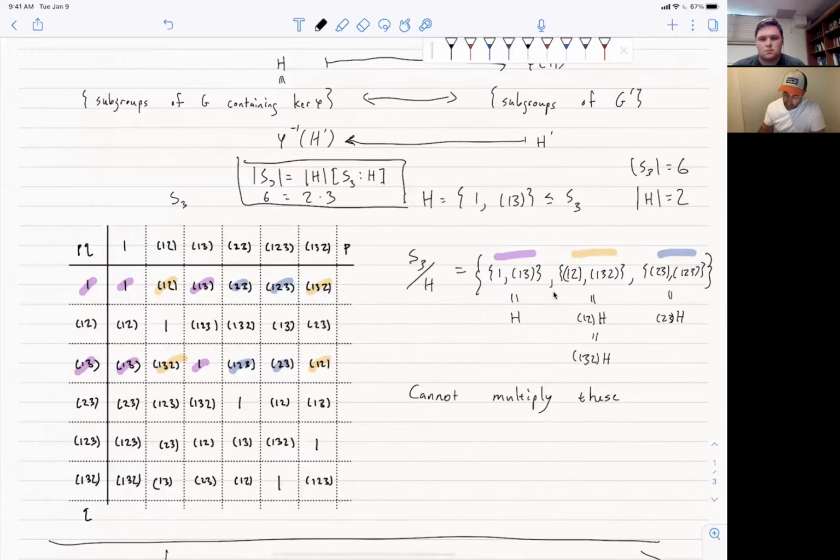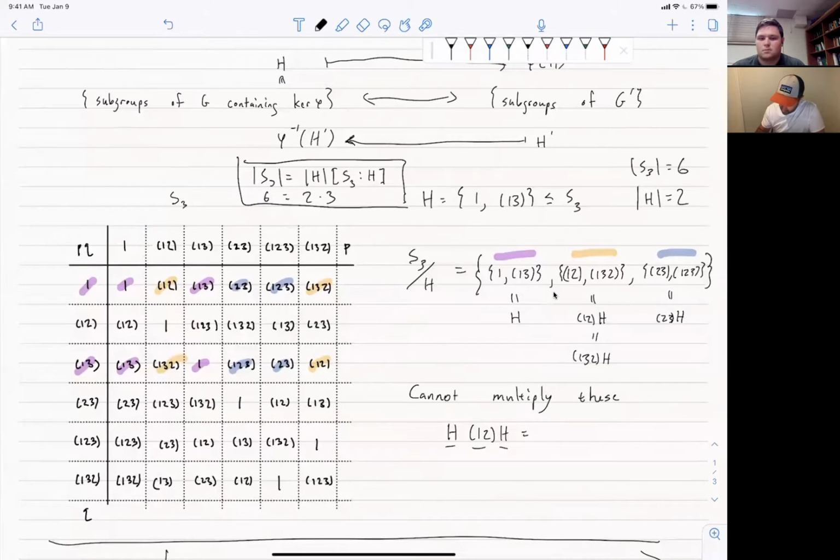If I take H and multiply (1 2) H, this is the set of all the elements I can make by taking an element here, multiplying, and then an element there.